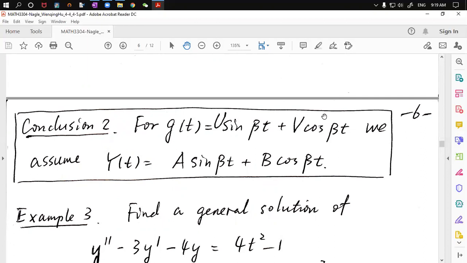If it is sine beta, you should try sine beta and cosine beta. If it is cosine beta, you should try sine beta and cosine beta. And if it's a linear combination of them, you should try the same thing. The beta is the same, but you're going to change A and B. This is very general; previously there was no cosine, but actually V is equal to 0.